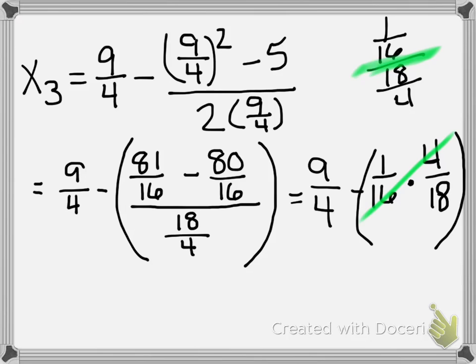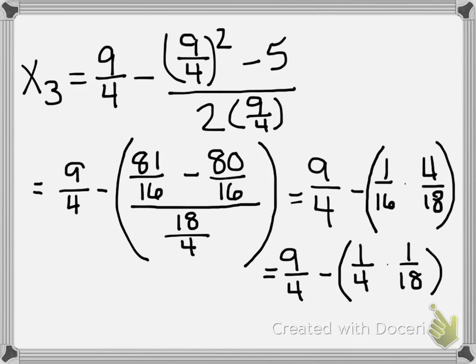We can simplify that part down to 1 over 4 times 1 over 18, because 4 goes into 16 4 times, and the 4 will just become a 1. And so there it is, all cleaned up, looking nice, and we can actually carry on with our calculations.